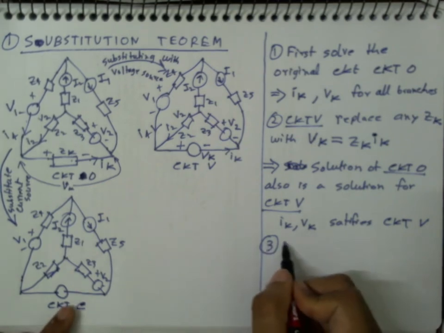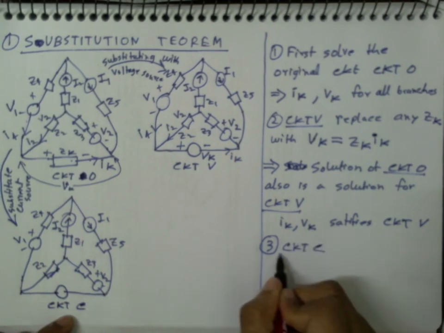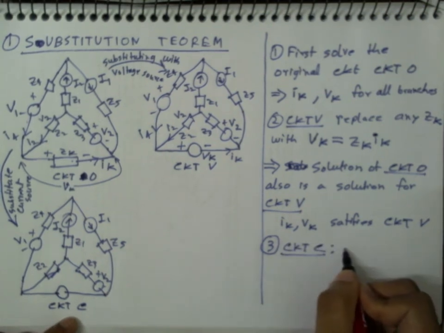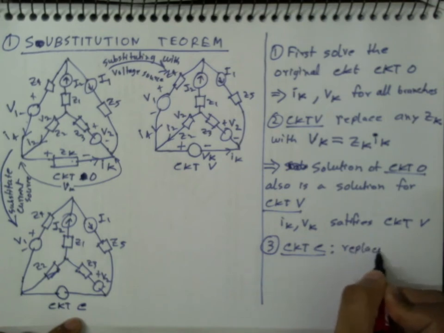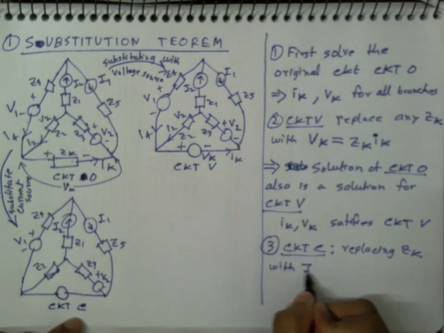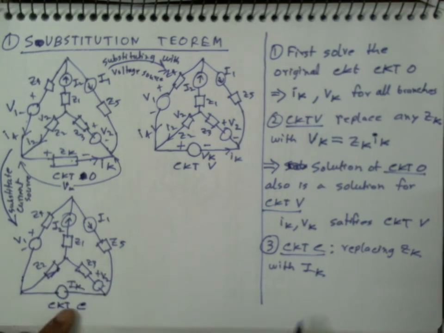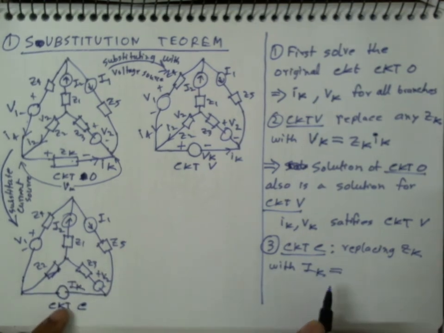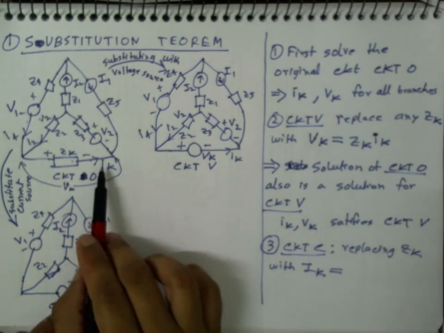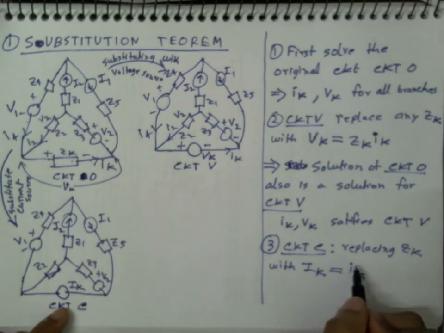So in this circuit C, we are replacing or substituting ZK with a current source IK, such that IK is equal to the IK which was the solution in the original circuit. This is capital and this is small IK.